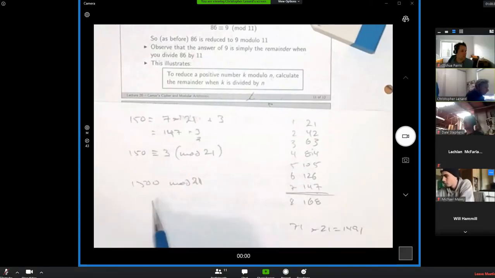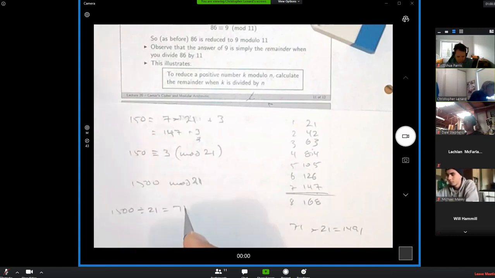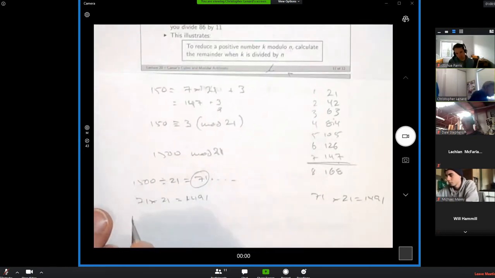So 1,500 divided by 21 is 71 point something something something. So 71 times 21 is 1491. Okay, so that tells us that 1,500 is 1491 plus 9.